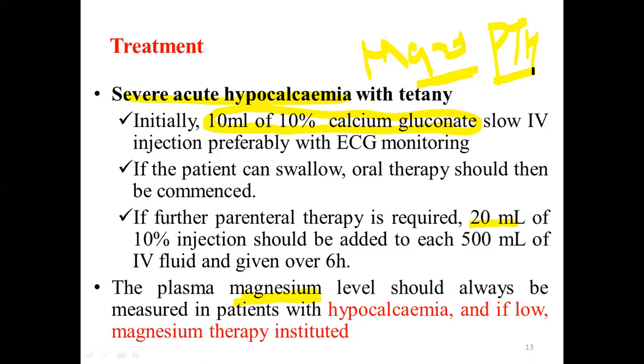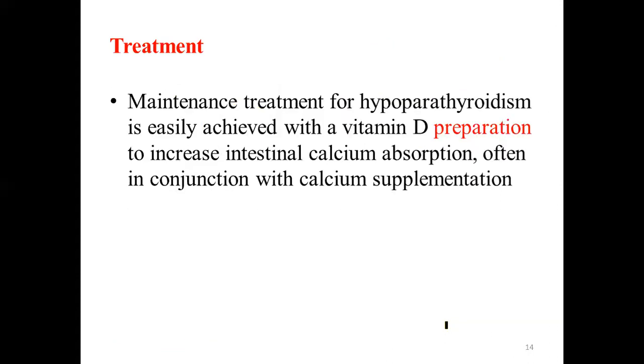So in case the patient is actually having magnesium deficiency, what will happen? The gland will not secrete PTH. Then this ultimately causes hypocalcemia. Because of this reason, the plasma magnesium level should always be measured in a patient with hypocalcemia, and if low, magnesium therapy should be initiated.